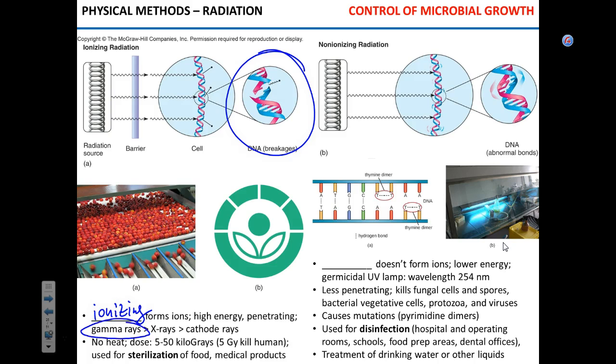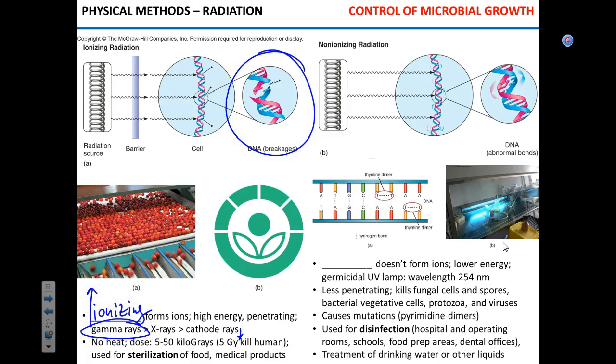Gamma rays have the highest penetration ability. Cathode ray has the lowest penetration ability. Honestly, for sterilization purposes, the most widely used ionizing radiation method is gamma rays. There are radioactive nuclear isotopes that can by themselves produce gamma rays. So it's essentially a so-called gamma ray cannon.